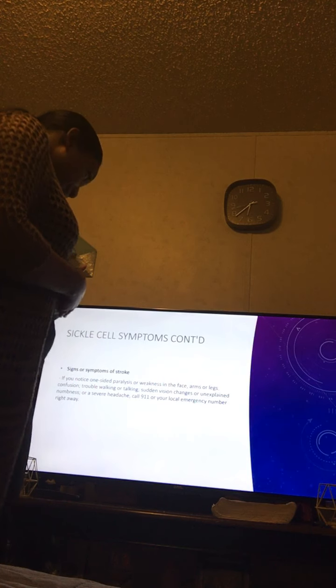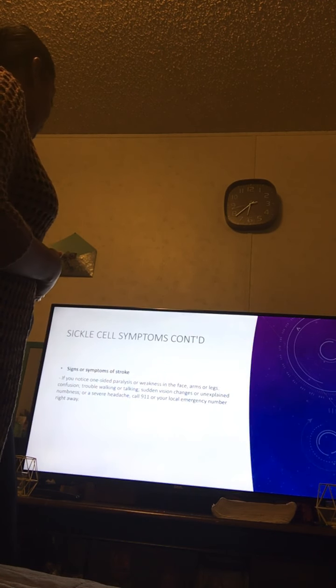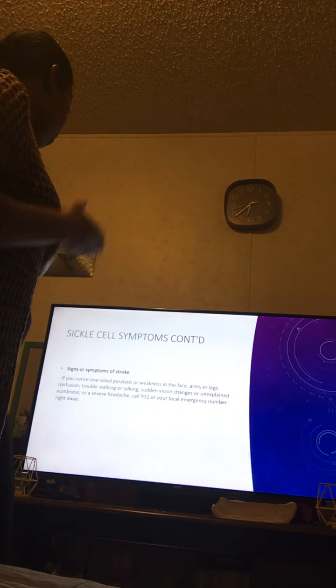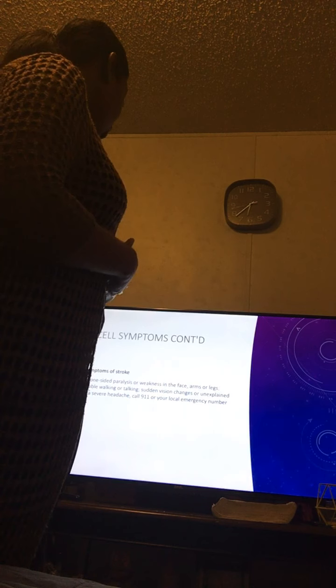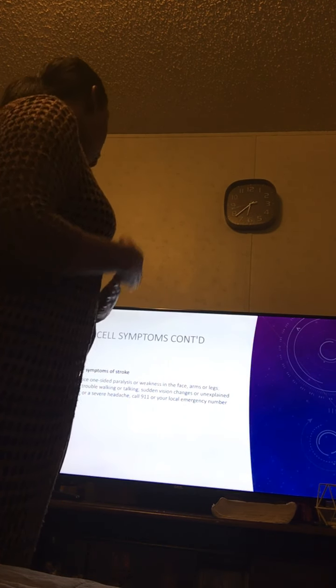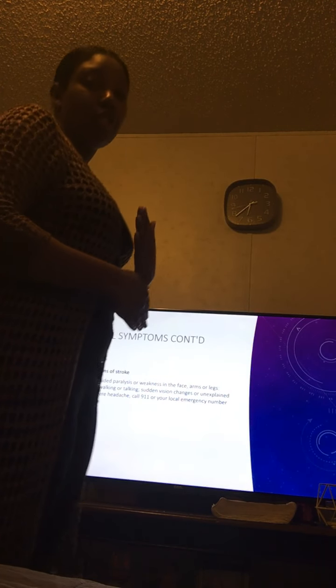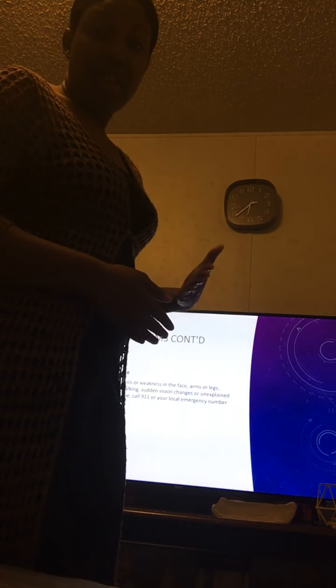It says, if you notice one-sided paralysis or weakness in the face, arms, or legs, confusion, trouble walking or talking, sudden vision changes, or unexplained numbness, or a severe headache, you should call 911 or your local emergency number right away. A sign of a stroke, the first sign, even if you think you're having a stroke, you need to contact 911 or your doctor.